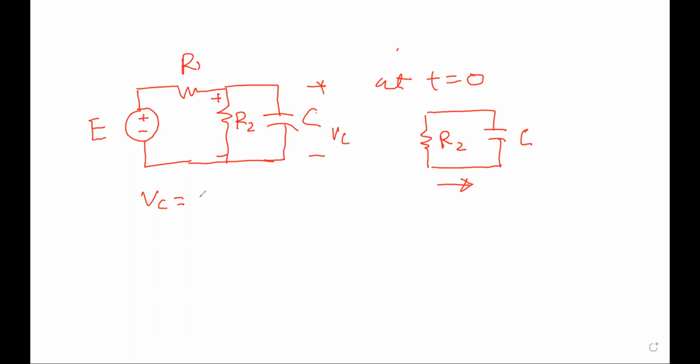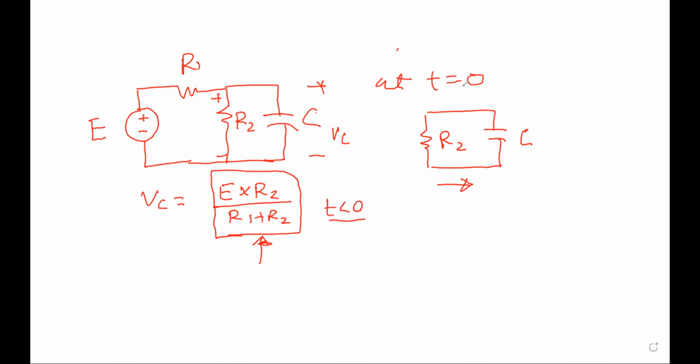Is it not something like this? This is the voltage appearing across your capacitor. Yes, sir. Then this voltage was across the capacitor for time t less than 0.